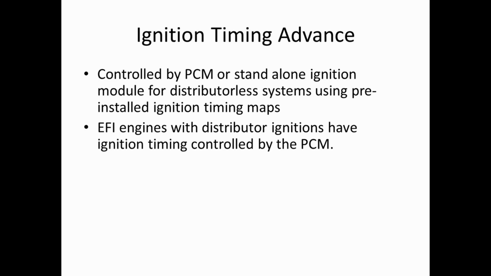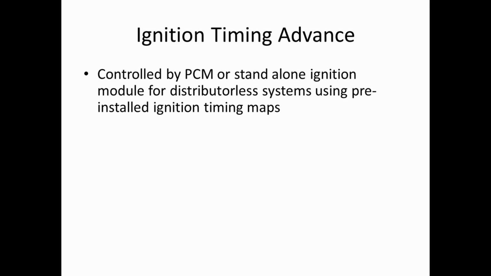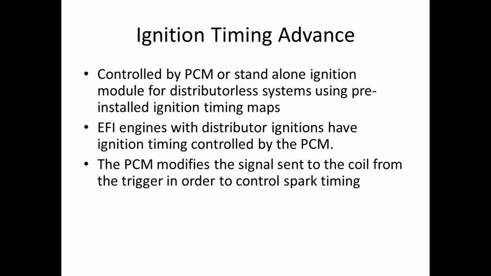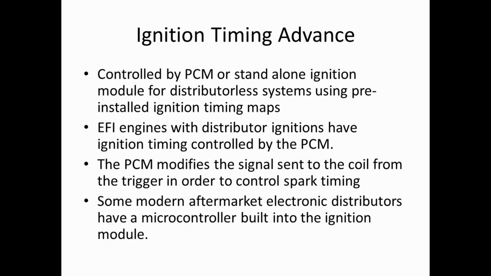In order to change this, you would have to go in and change the timing map, which is generally done with one of those power programmers. EFI engines with distributor ignitions also have the ignition timing controlled by the PCM. What the PCM does is modify the signal sent to the coil from the trigger in order to more precisely control the spark timing.